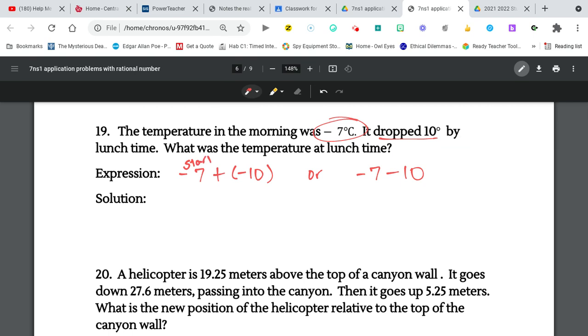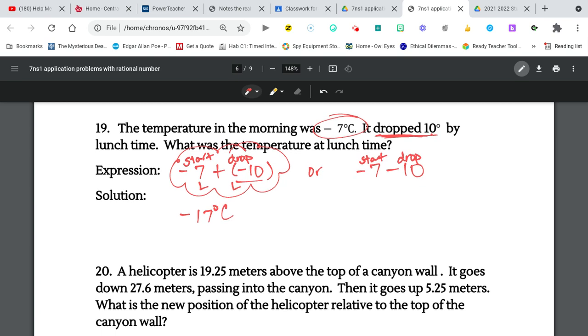Again, I tend to write mine with the plus sign in the middle all the time unless it says difference or distance. And if it has a word that indicates that it's negative, I'll put it as a negative. If it doesn't, I put it as a positive. All right, both of these go to the left, so I'm going to add. So at lunchtime, it was negative 17 degrees Celsius. And of course, we know it can't really be that low.